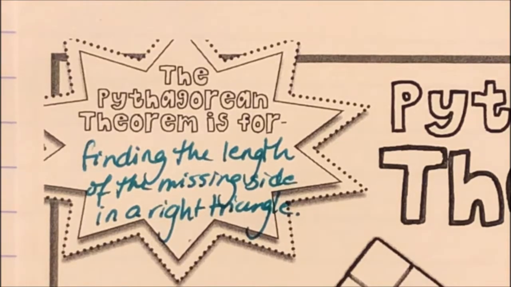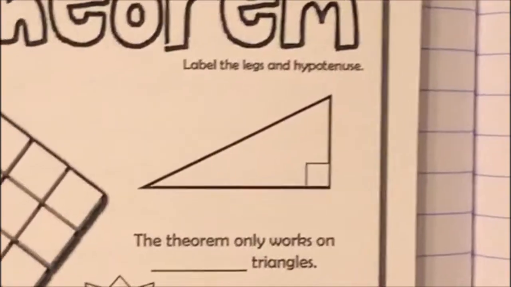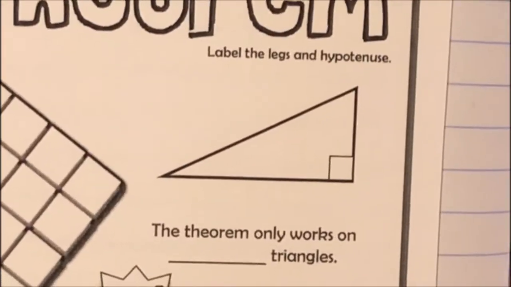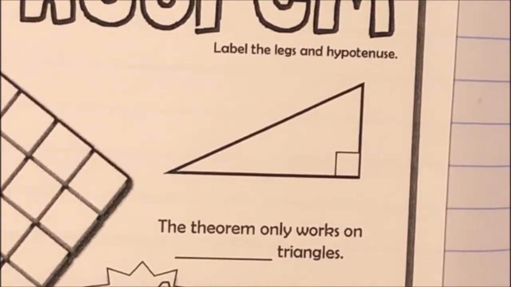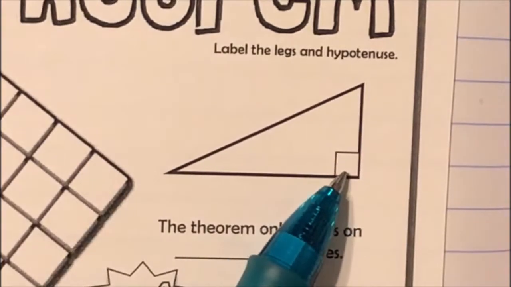Okay, Pythagorean theorem only works for right triangles. Remember, a right triangle has to have one right angle. So over here, I have a triangle. It wants me to label the legs and the hypotenuse. Okay. So, trick. Hypotenuse is always across from the right angle, and it's always the longest side. So in this case, here's my right angle.